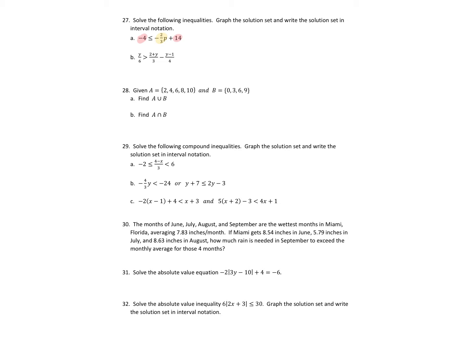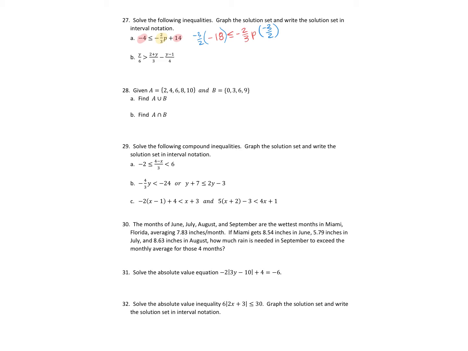So negative 4 minus 14 is negative 18, is less than or equal to negative 2/3 p. And then I multiply both sides by negative 3 over 2, because I want to make 1 here. So 2 divided by 2 makes 1, negative 3 divided by negative 3 makes 1.